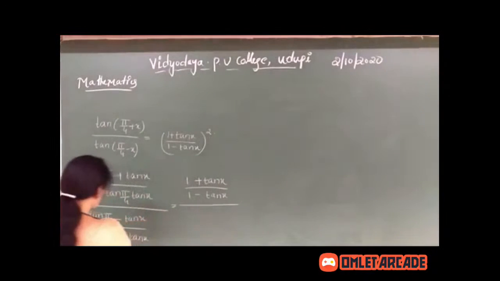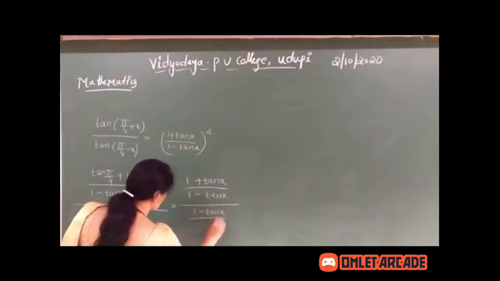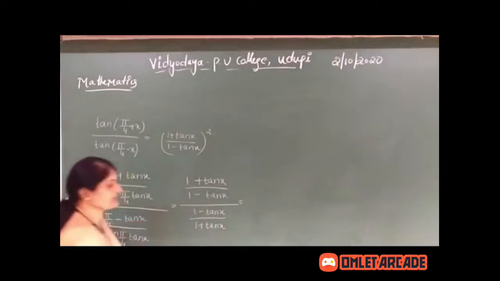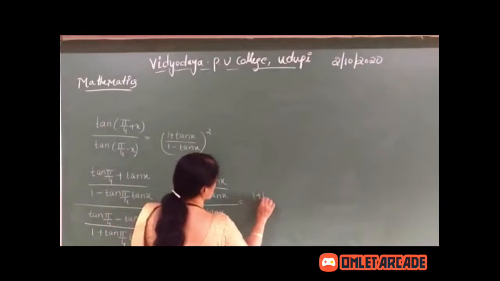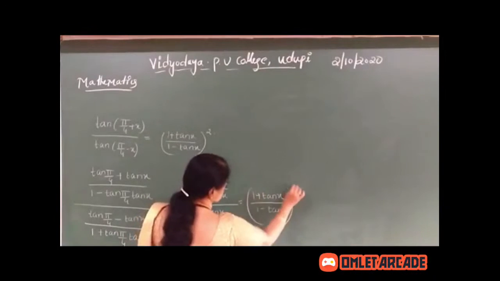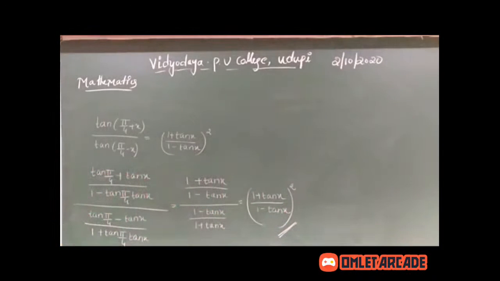This divided by, here also, 1 minus tan x divided by 1 plus tan x. See, we are going to get the answer directly. So when you take it to the numerator, you get 1 plus tan x divided by 1 minus tan x, whole square. Okay, this is the right hand side.